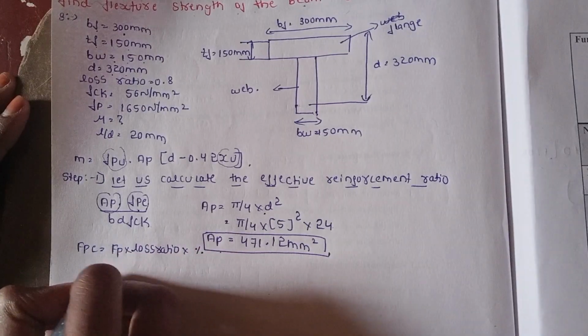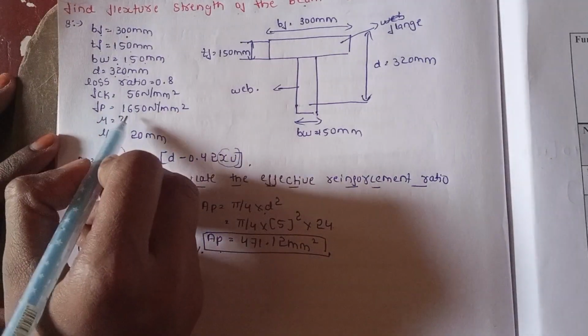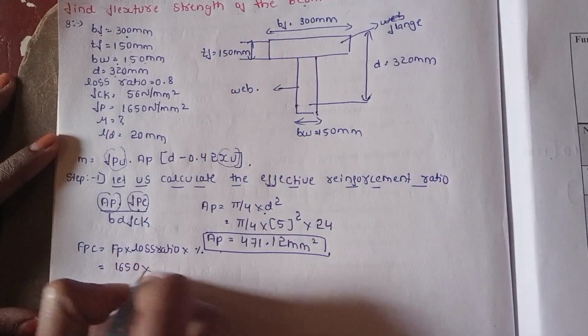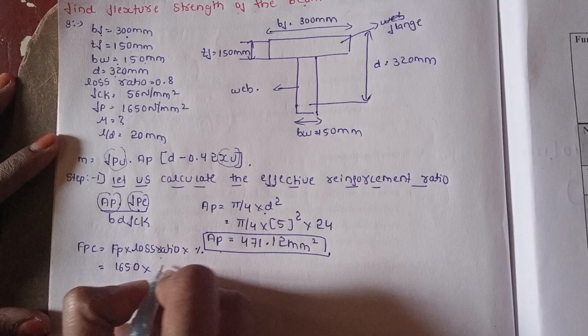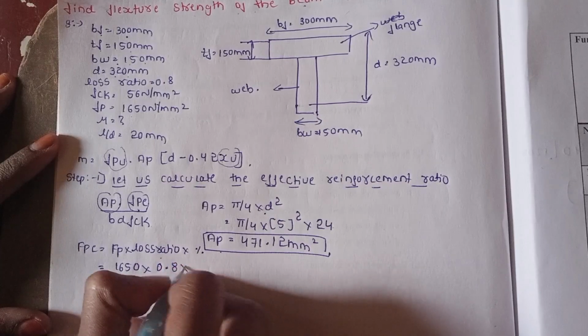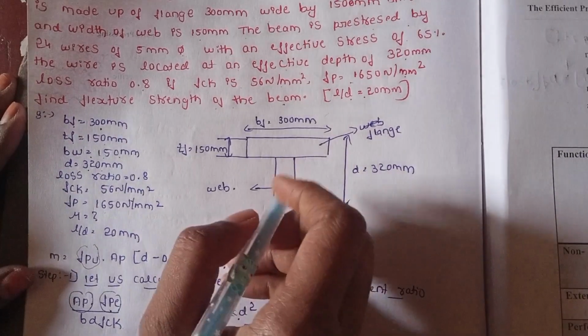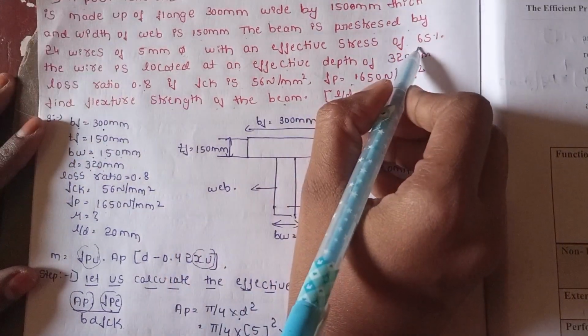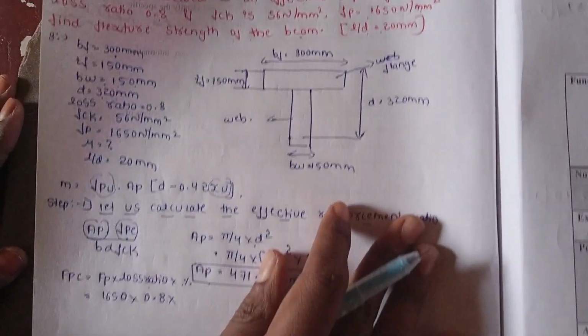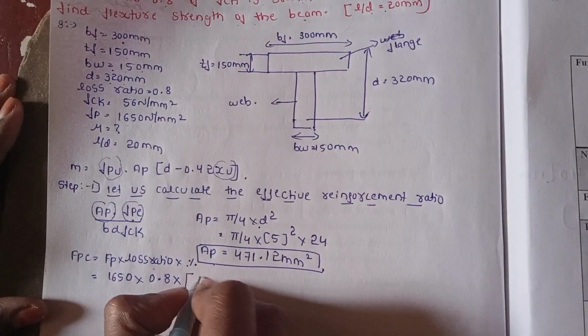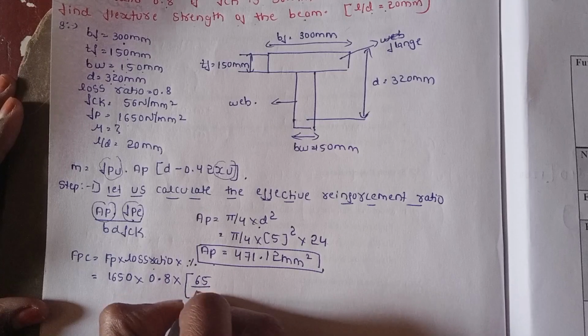Everything is given in the question: 1650 into loss ratio 0.8 into percentage, which is 65%. This 65% is converted into decimal, so 65 divided by 100.